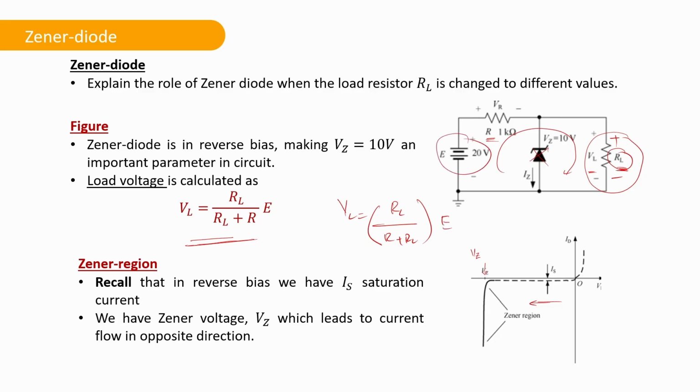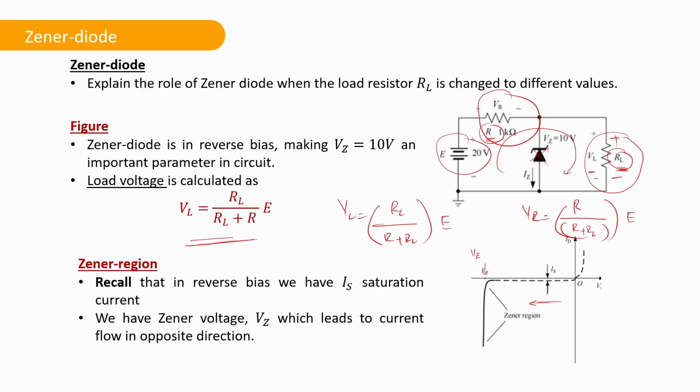This is just an example. If you want to find the voltage across VR, then VR is equal to the resistance R divided by the total resistance, which is R plus RL, and this whole thing is multiplied by the input source voltage.